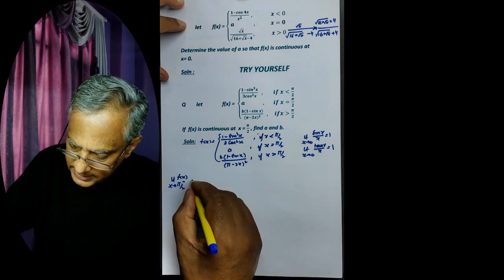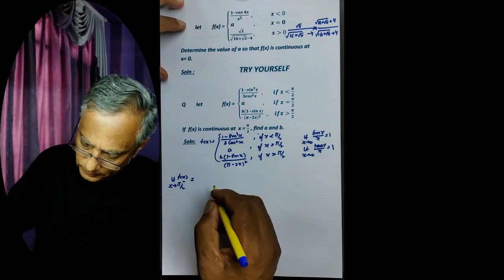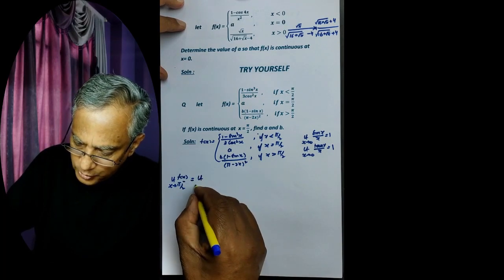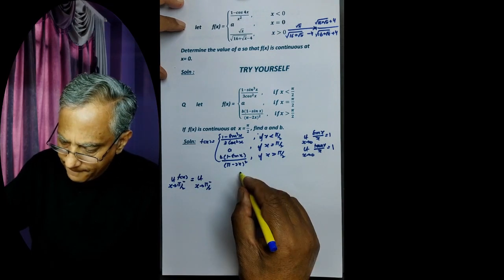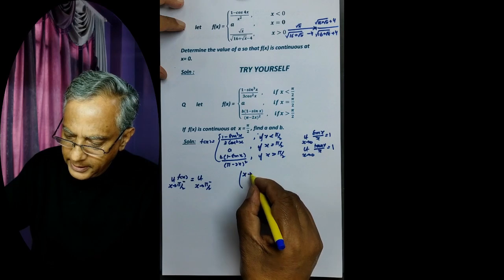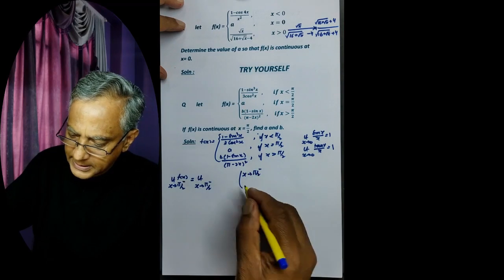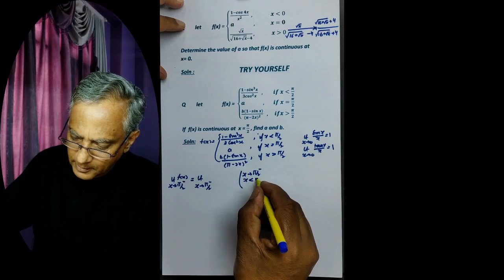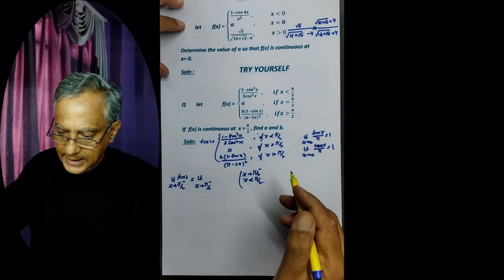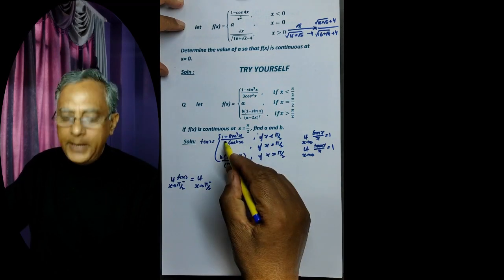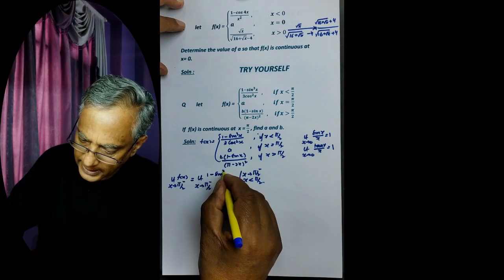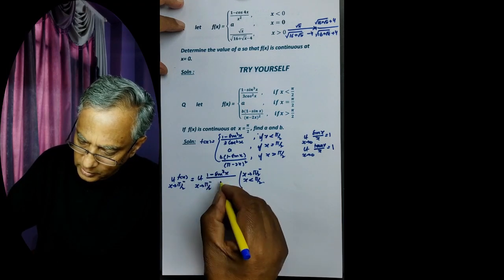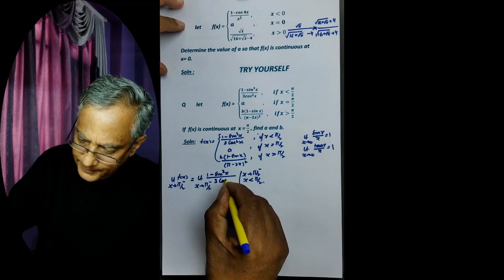So this is equal to limit x approaches pi by 2 from negative side. X approaches pi by 2 from negative side means x is less than pi by 2, so this definition will be used. We have 1 minus sine cube x over 3 cos square x.